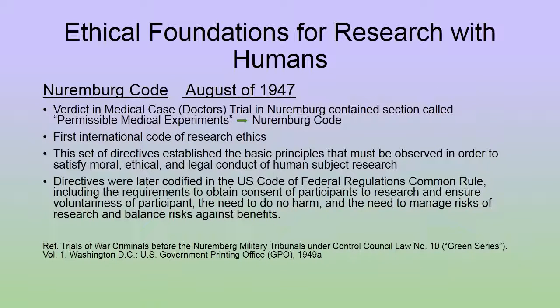Central concepts included the need to seek permission from and inform participants prior to their involvement in research, the need to ensure voluntariness of participants, the need to do no harm, and the need to manage risk in research, as well as to strike an appropriate balance between risk and benefits in research.